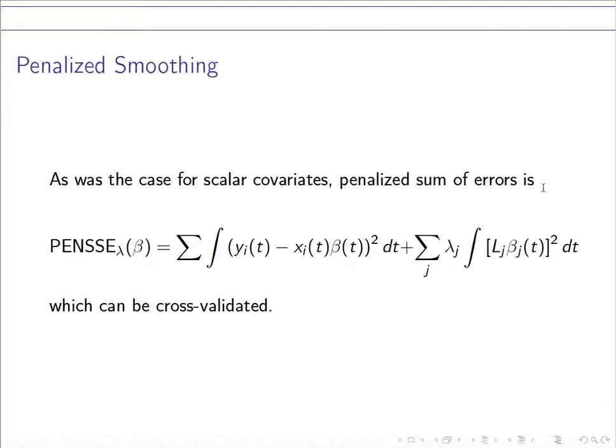We can also add a roughness penalty on the functional coefficients beta_j(t) as well.